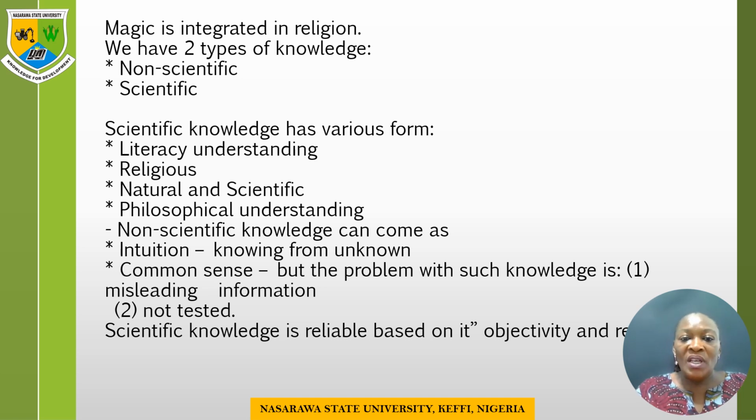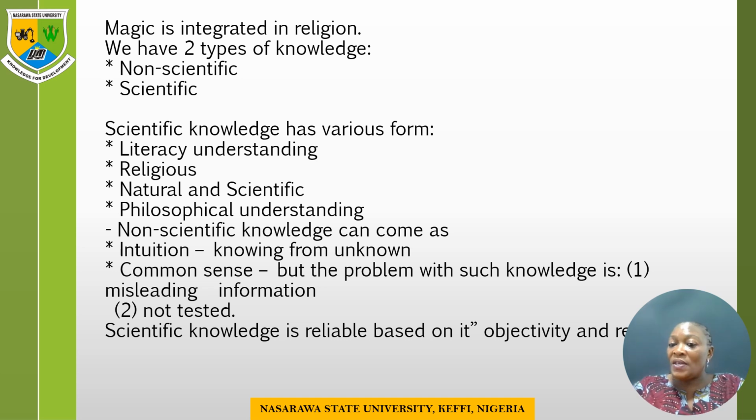Now, scientific knowledge has various forms. It comes in literary understanding, religious understanding, natural and scientific understanding, and philosophical understanding. Non-scientific knowledge can come as intuition and as a use of common sense.